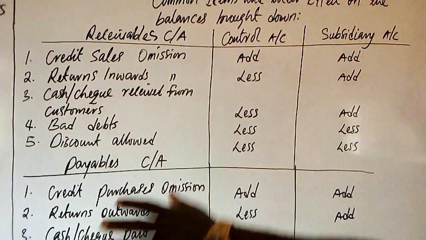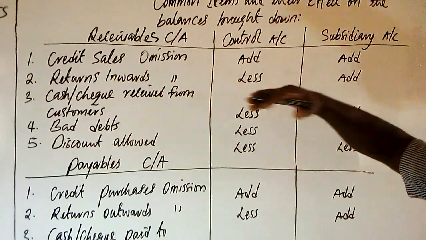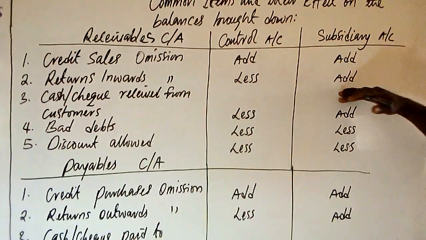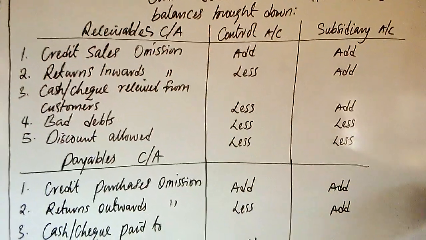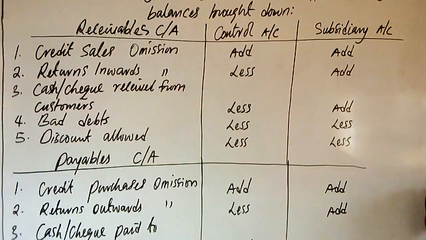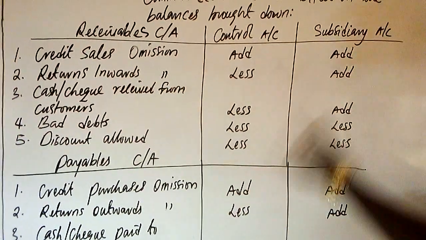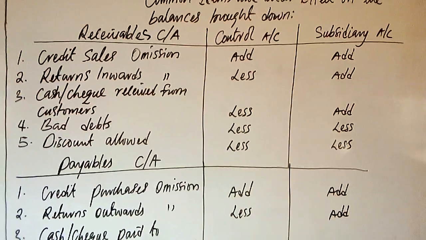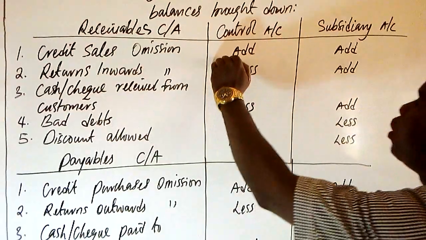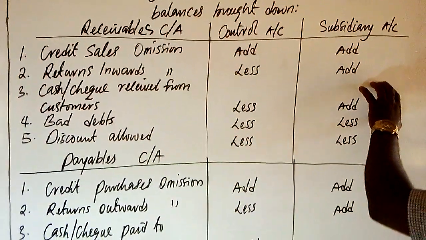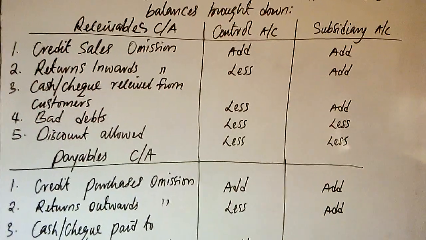If it's omitted in both, the accounts will agree. But where it is omitted in one account, deliberately or not, that is where there will be a disagreement. So the emphasis is whether an item is omitted in the control account or in the subsidiary account, and how to treat it when solving a control account question.